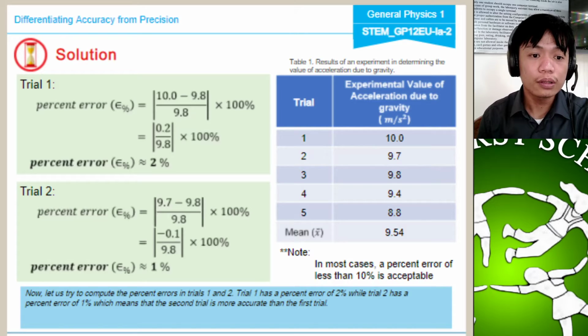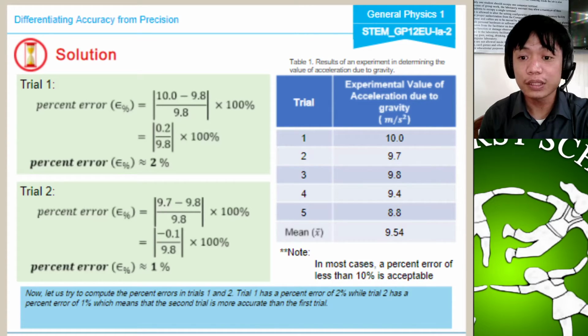So trial 1, percent error is equal to 10, which is the given value, minus 9.8, which is the standard value, times 100. So, we did get 2%. Meaning to say, percent error is 2%. Kapag 2% yung percent error, is it precise or is it accurate?